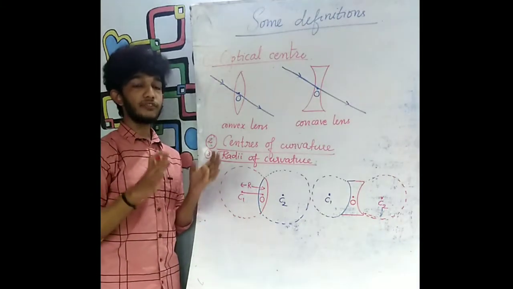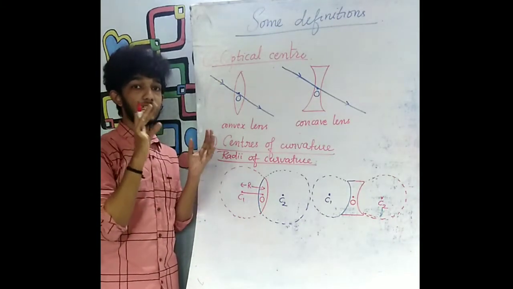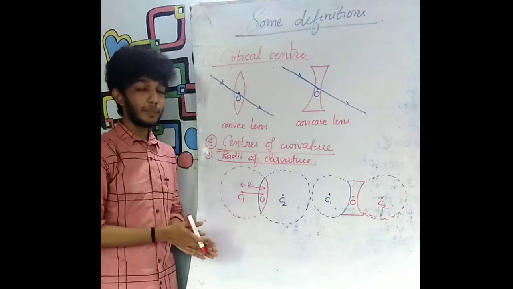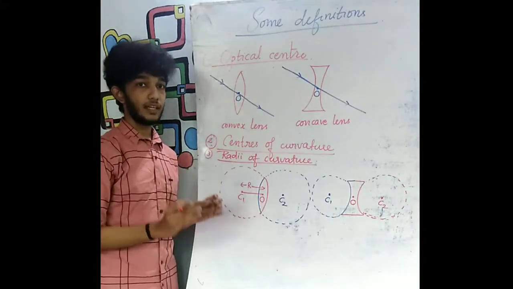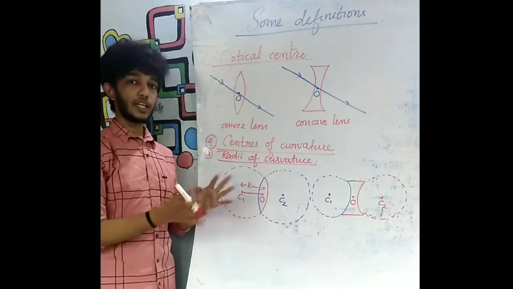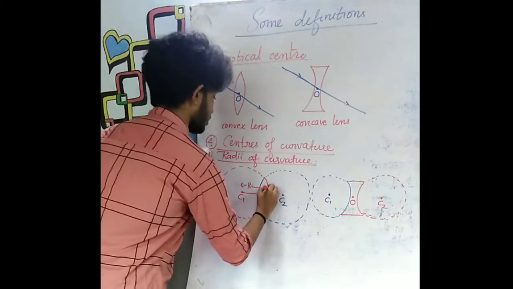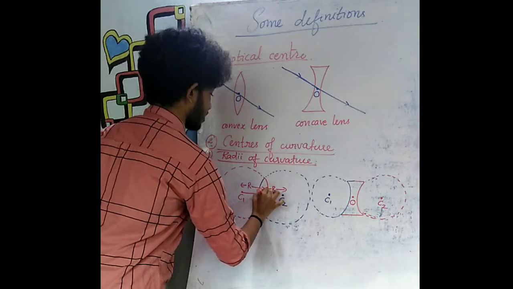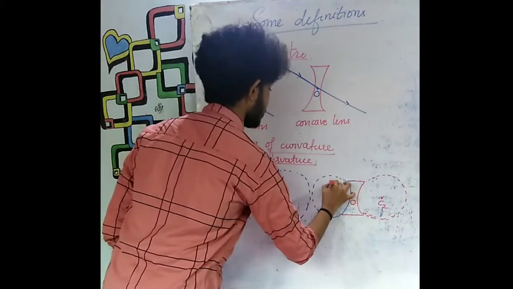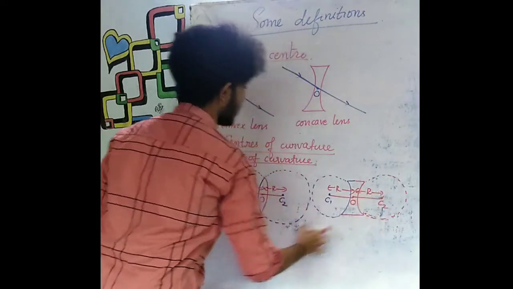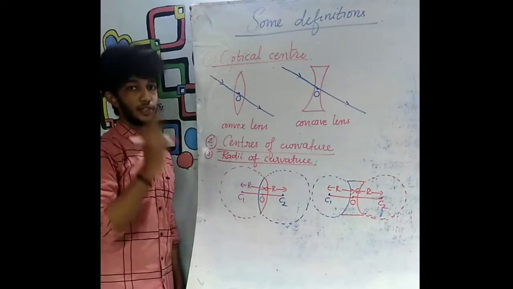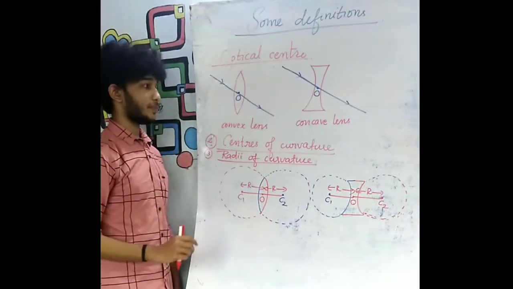The radii of the spheres of which the spherical surfaces were a part are known as the radii of curvature of a convex or a concave lens. It will have two radii of curvature. Similarly, here also this is one radius of curvature, this is another radius of curvature. Hence, a lens will have two radii of curvature.